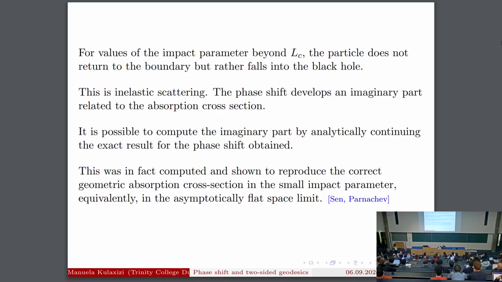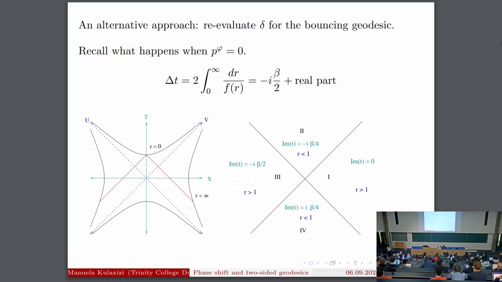The computation here was done in the asymptotically flat space limit, which you can take when the radius of the disk is large. But the point is that the results would be the same anyway. But the question is, why do that? You could do something else.